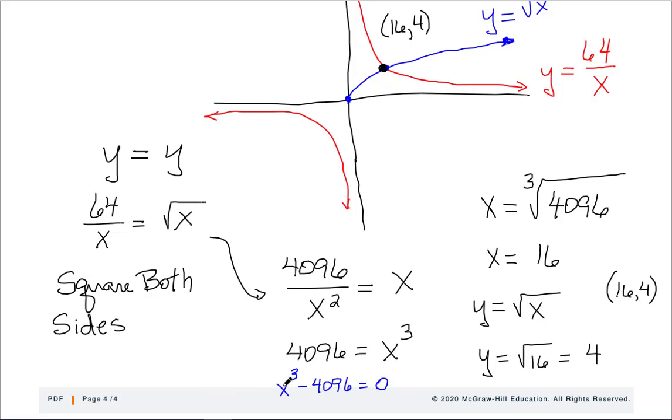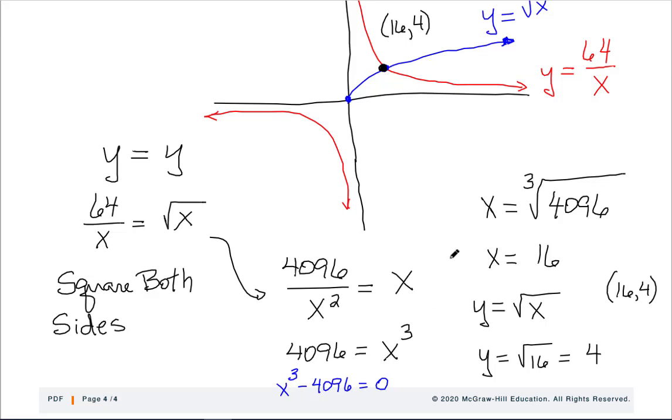It turns out that this particular problem has 3 solutions. Now, 2 of them are complex numbers and I don't have to worry about them. That's why I made this rough sketch to give me an idea how many places I was looking for. Well, in this case, I know there's only one.